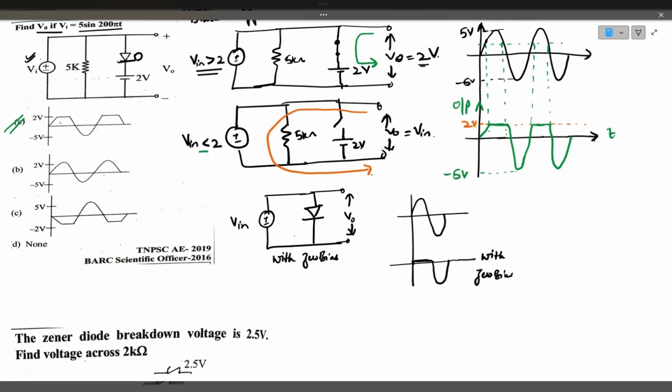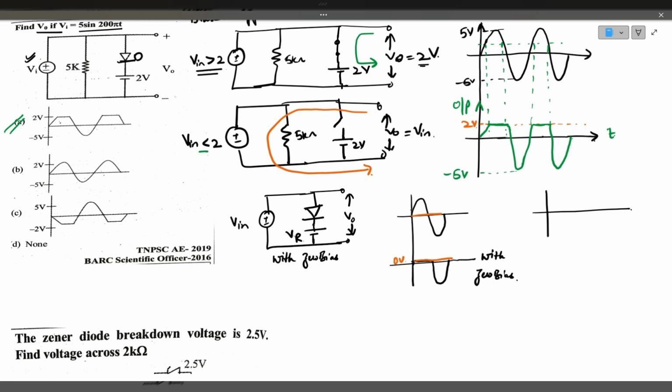If for the same circuit you apply a positive bias, assume VR, it means you are changing the reference here. Earlier the reference voltage was at 0 volts. Now you are changing the reference to plus VR. So the output will be like this.